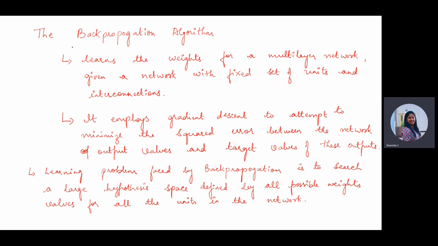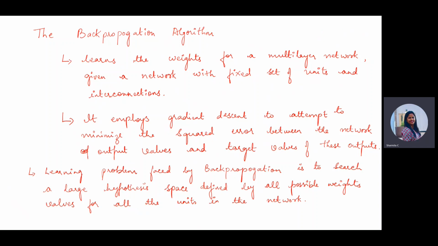Now whenever you consider the multi-layer perceptron or multi-layer neural network, it always works by using an algorithm called the backpropagation algorithm. As you already know, learning a perceptron is nothing but learning or identifying the weights of the neural network.